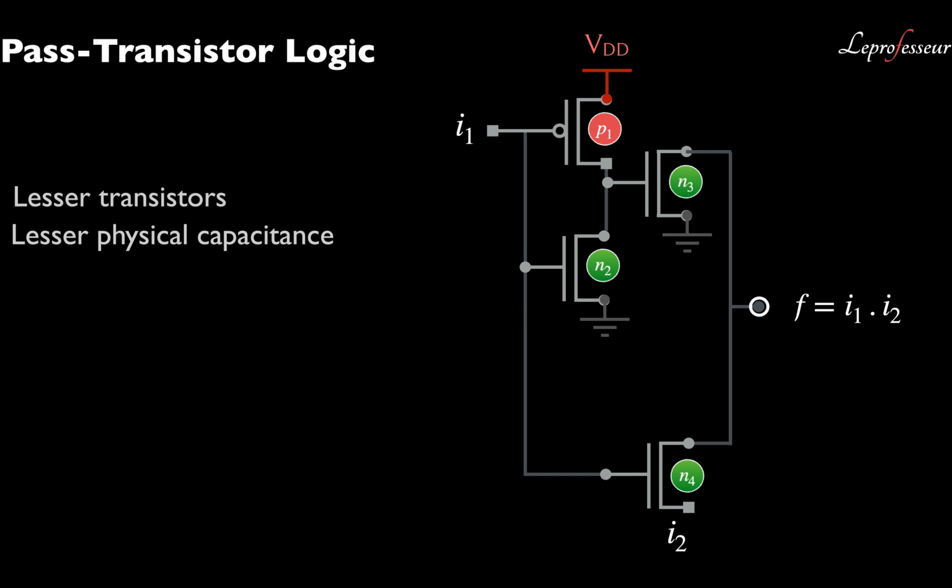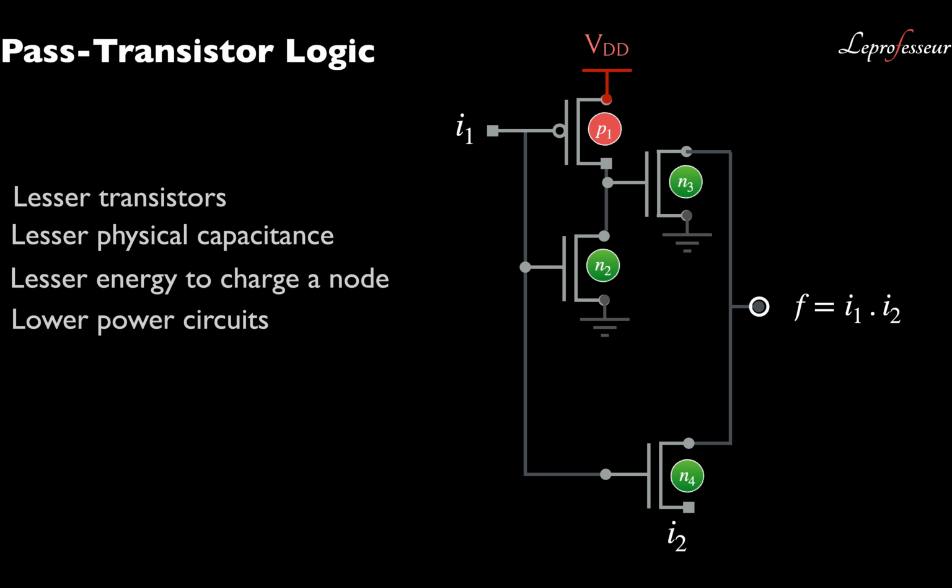Lesser physical capacitance, and lesser energy to charge up a node, as we already said that pass transistor logic has less physical capacitance. And we can create lower power circuits using pass transistor logic concepts.